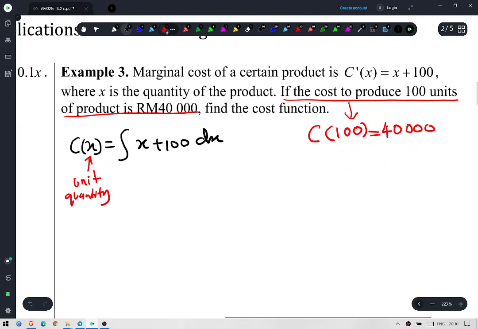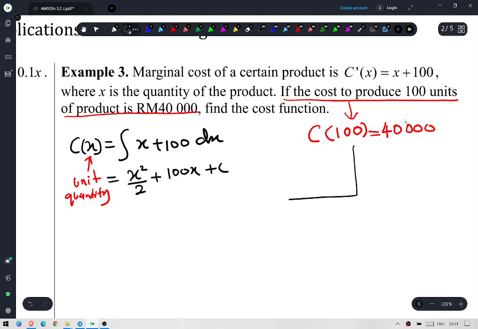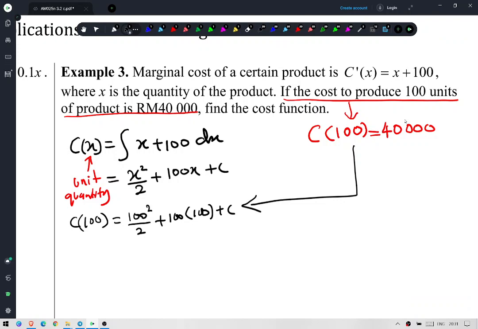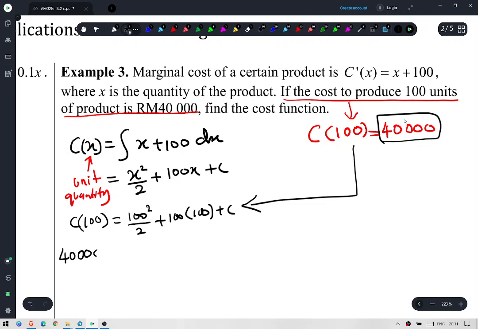Let's integrate. We have x squared over 2 plus 100x plus C. Don't forget, this one is indefinite. Now the C must be solved, so we use the information in red. C(100): substitute, 100 squared over 2 plus 100 multiplied by 100 plus C. Now C(100) is 40,000, so 40,000 on the left hand side. 100 squared is 10,000, divided by 2 is 5,000.